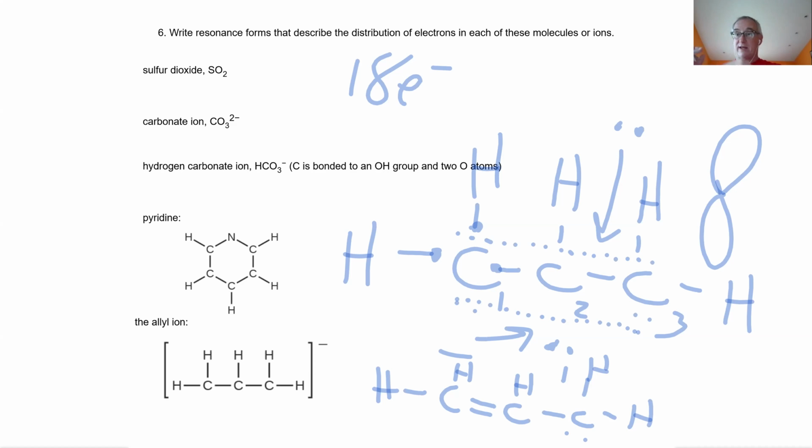We'd have a cloud of density of 2 electrons above, and a density of 2 electrons below. Where a pi bond is having 1 electron above and 1 electron below, this would be twice as much. So it's almost like you'd have a double bond above and a double bond below.